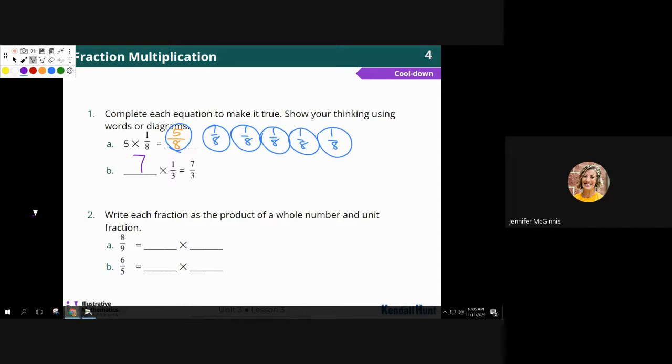So guys, draw me a picture. Tell me what to do. Read this with me first. 7 groups of 1/3. Go, Cameron. So you would write 7 circles, and then you put 1/3 in them.